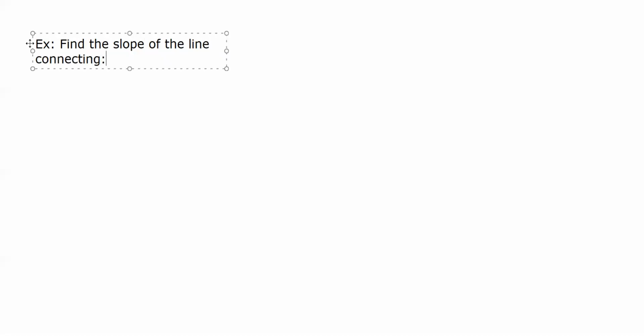Finally, let's look at what it takes to make a vertical line. We kind of talked about it last time. Find the slope of the line containing or connecting. Now, a vertical line is going to have the same x value, and the y value can be whatever it wants. So I just need to pick 2 points that have the same x value.